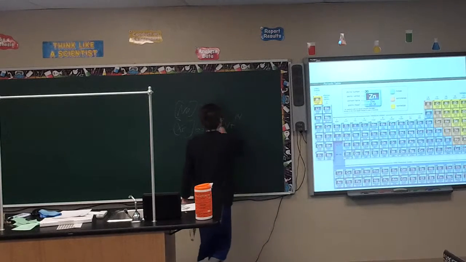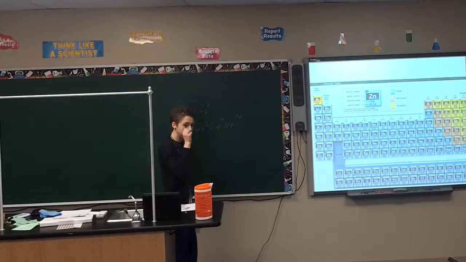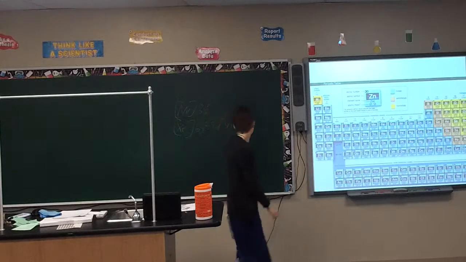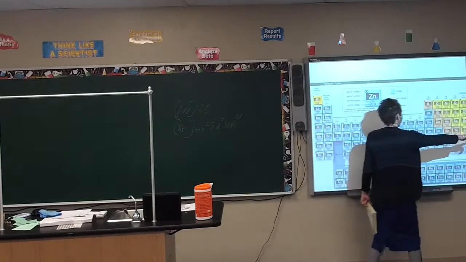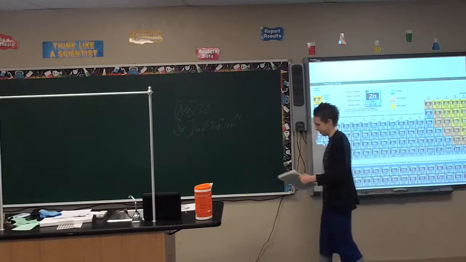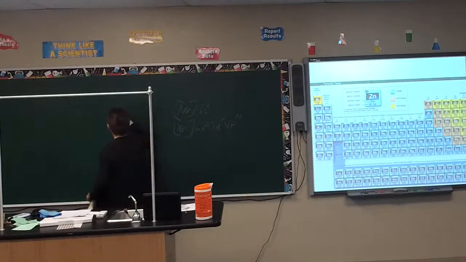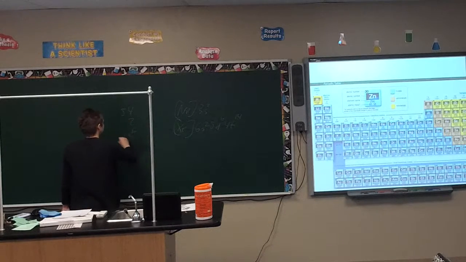Alright, so let's count to make sure. This is how you check, because Xe, your last checkpoint, has how many electrons? 54. Alright, so how many electrons are here? 2. Alright, how many are here? 6. Alright, how many are in the f? 14. Alright, how many?